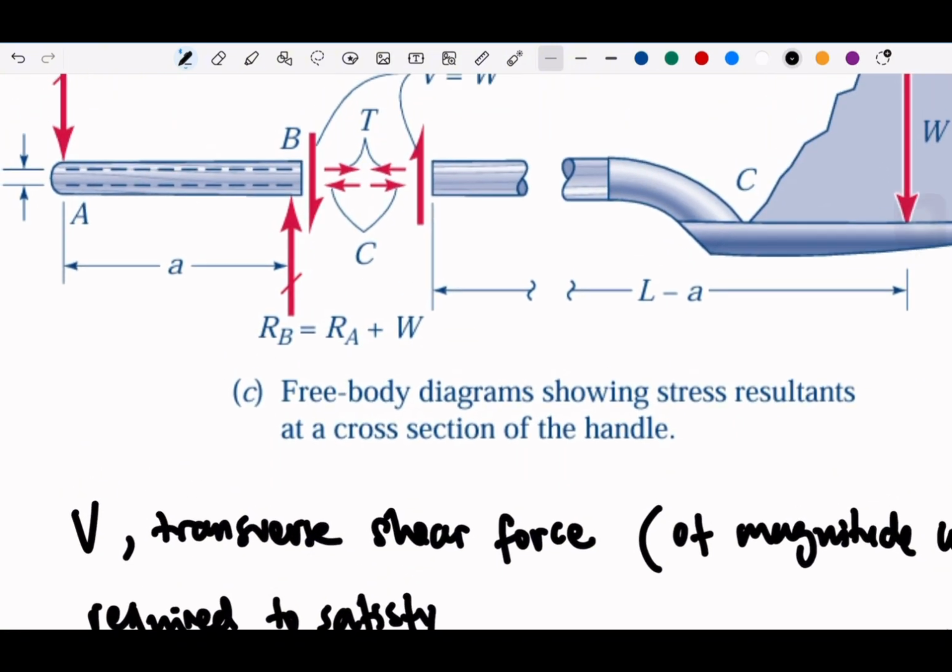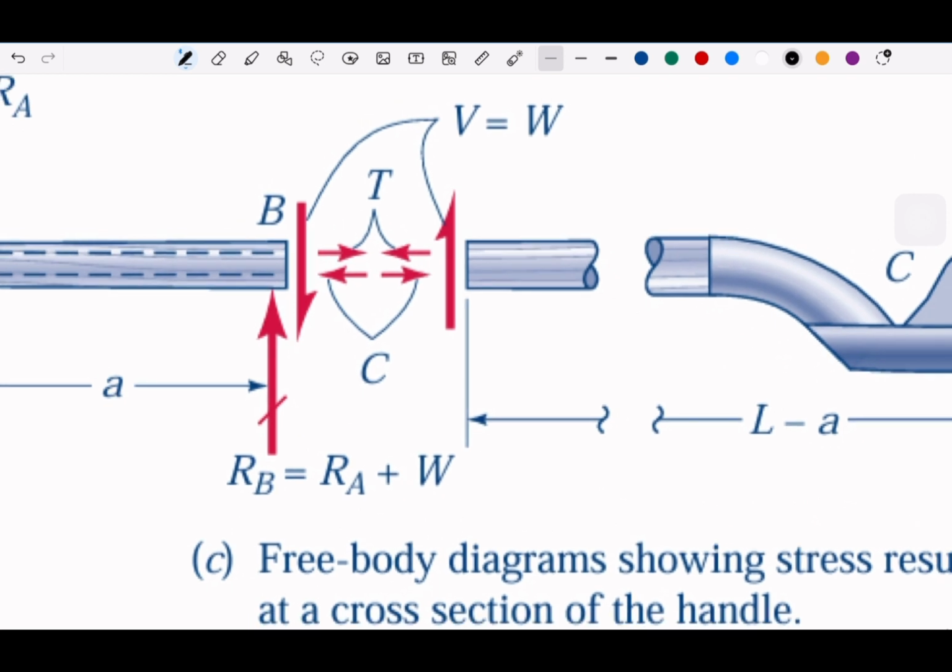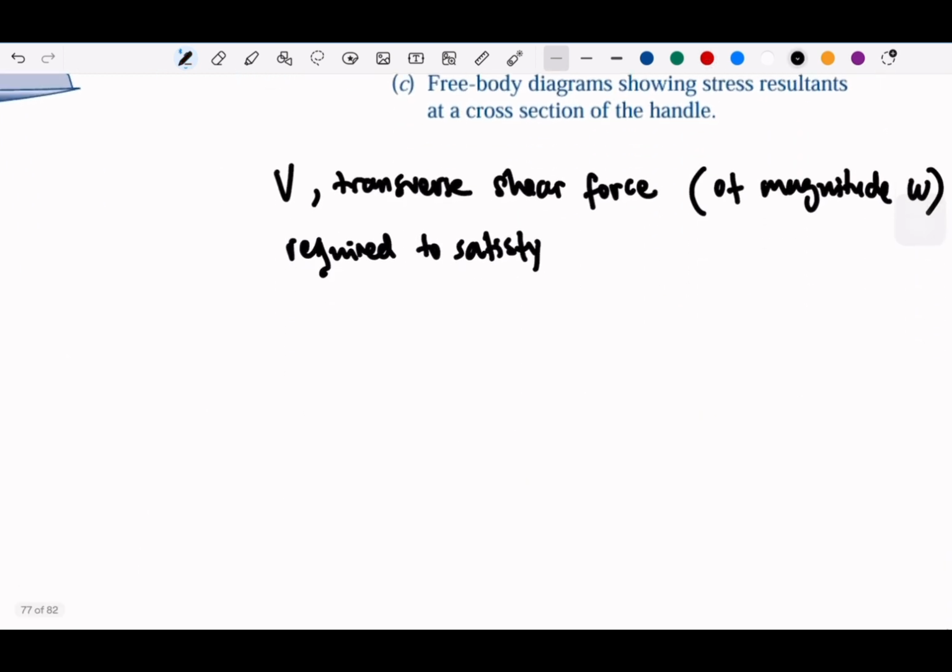Since we have internal force, there will be no net horizontal force on the cross sections, and no external loads for the horizontal part on each free body. So we let C be equal to T, the compression and tension.